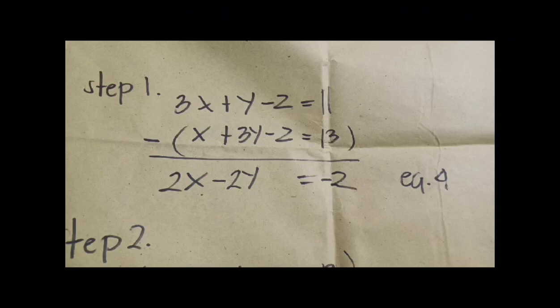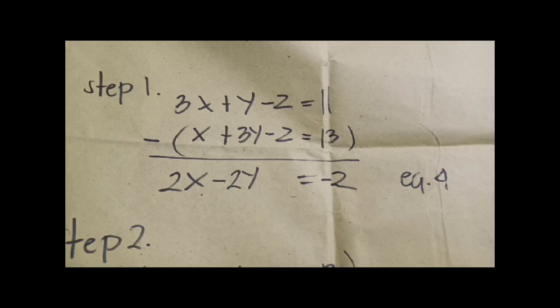So 3x minus x is equal to 2x, and then positive y minus 3y is equal to negative 2y, equal to negative 2. So that gives equation 4, which is 2x minus 2y is equal to negative 2.